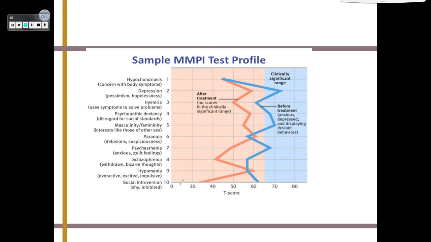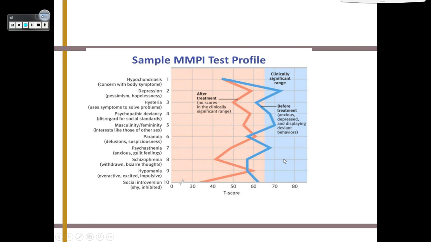The red is how this client answered questions after treatment, but the blue is what their results were before treatment. So before treatment, we can see that most of their scales, subscales, are in the clinically significant range. That's anything above 65, or usually around 70.